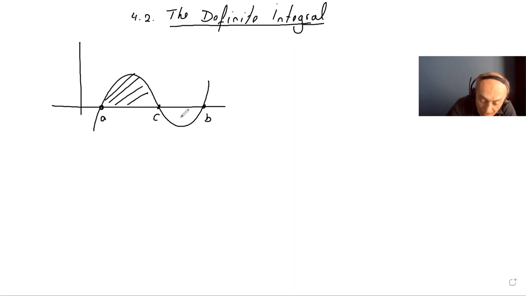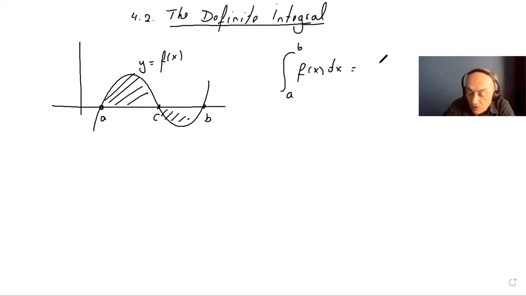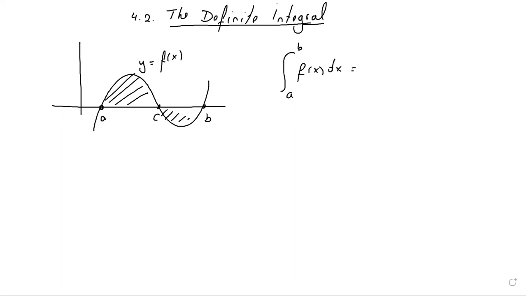When you calculate the definite integral of y equals f of x, the integral from a to b of f of x dx, that will be, if you remember, what we said last time: the area from A to C above the x-axis and below the graph.